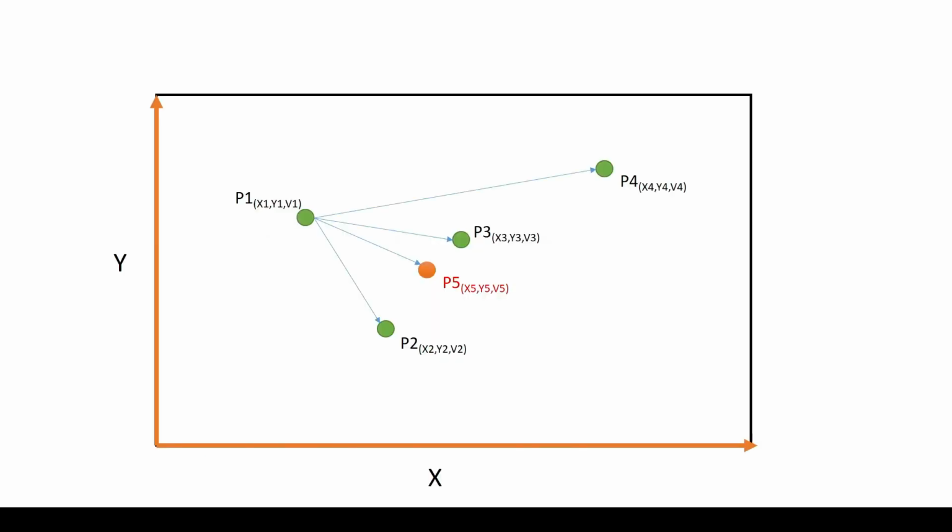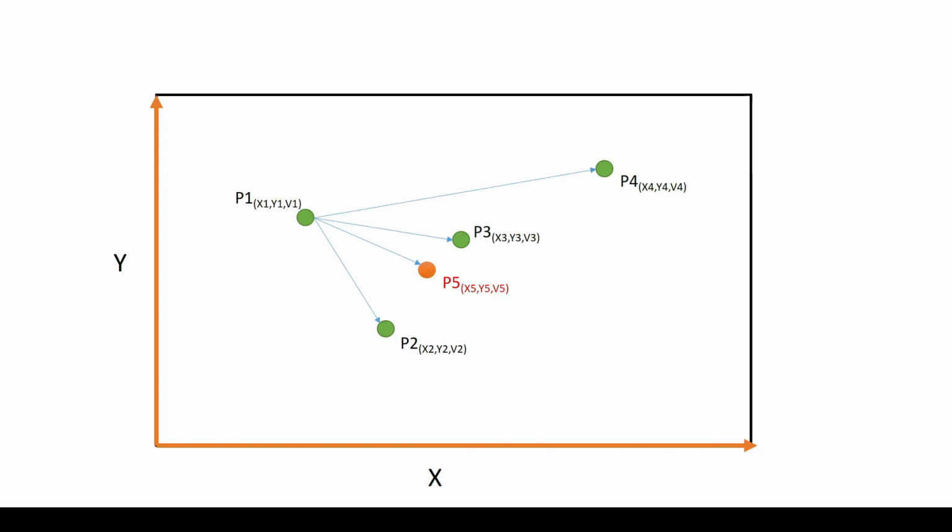So as you can see here, we have a bunch of points. We have 1, 2, 3, 4 known points, which are P1, P2, P3, and P4. And for these points, we know the X and Y coordinates, and we also know the value, which is called V in here. And this is a variable. It could be grade, for example. Let's assume that it is a grade.